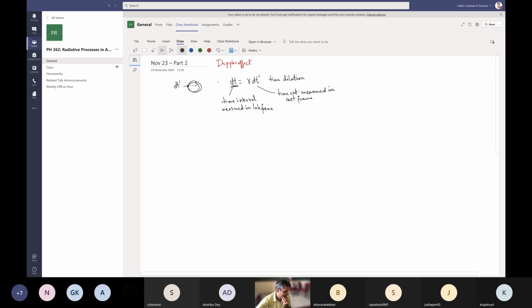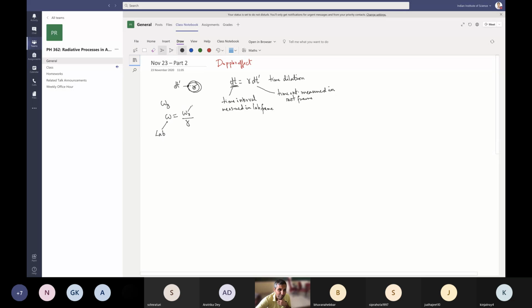So for example, this gyro frequency or the Larmor frequency. If you have magnetic fields into or out of the board, you have circular motion of charged particles. So this omega is equal to omega naught by gamma. This was time, this is frequency. So this is in the lab frame, and this is the rest frame.